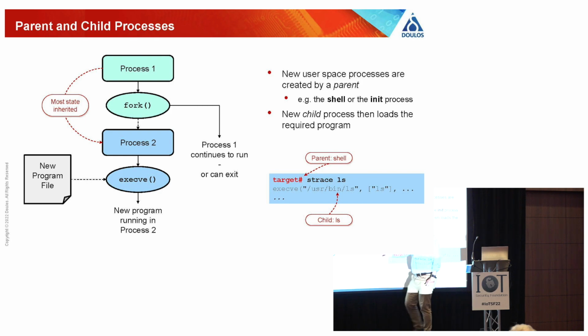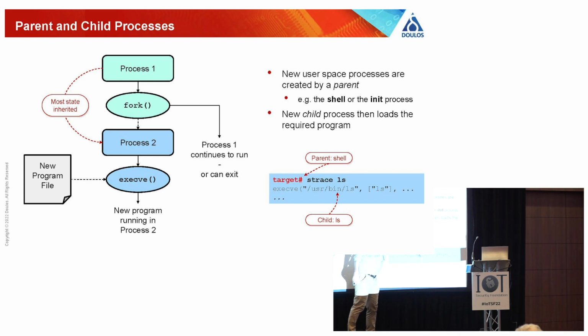And then there's a family of calls that can be executed in the child process that will load the new program, the ls binary. They're called the exec family. There are variants on those that can choose how to load that new binary in different ways. We can see, if I move out of the way, there's a tool called strace that will let you trace system calls that applications make.